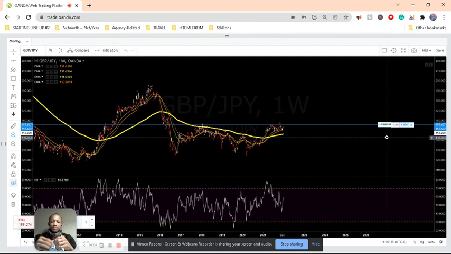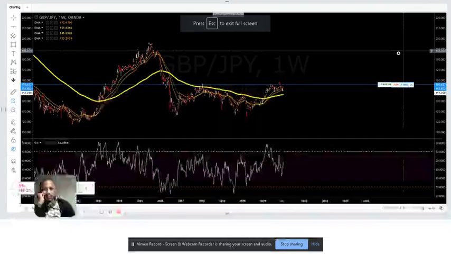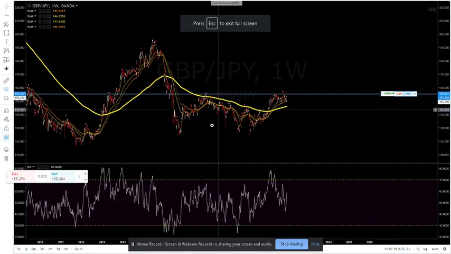So now we're on the weekly. All right, so looking for divergence, hidden divergence.